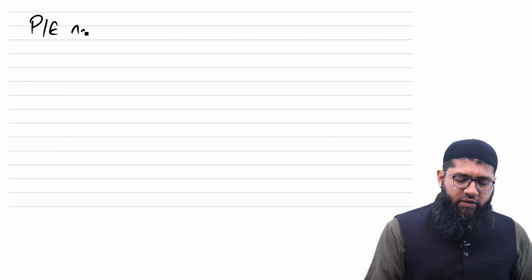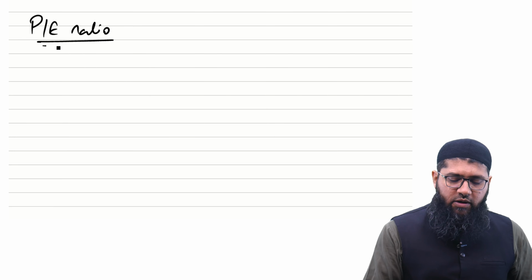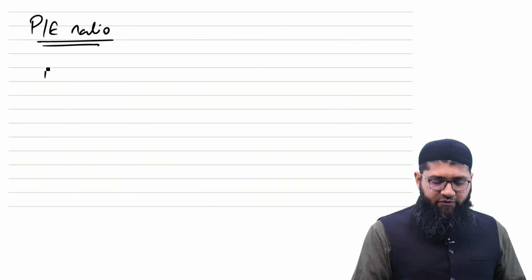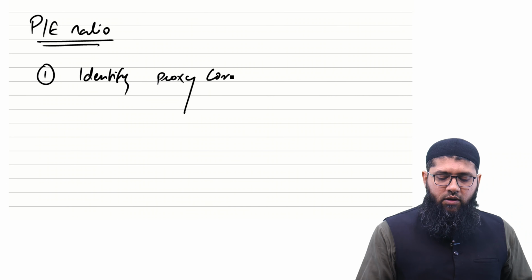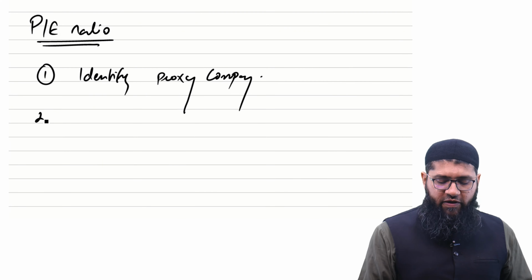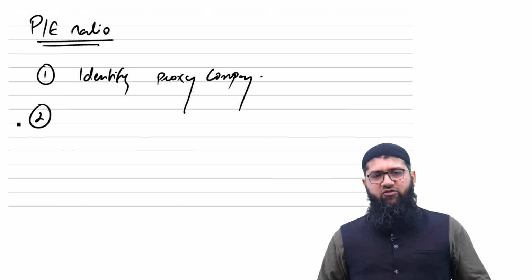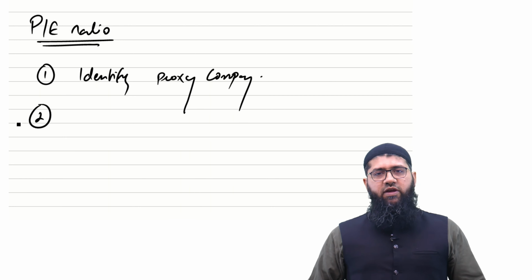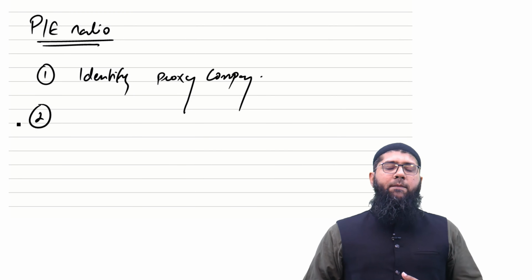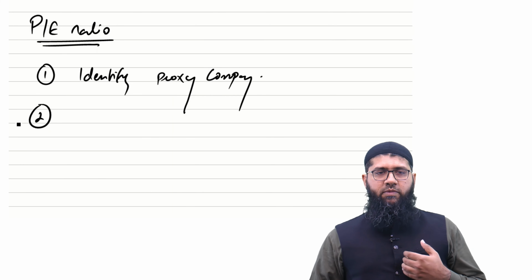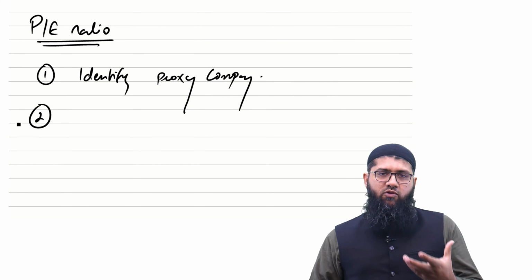So when we go about the PE ratio based valuation model, there are certain steps that you have to follow. The number one step is to identify a proxy company. Now what exactly do you mean by the proxy company? A proxy company is one that is similar to the company you are valuing.